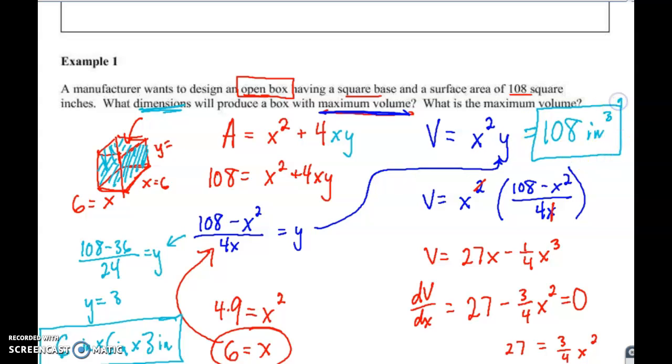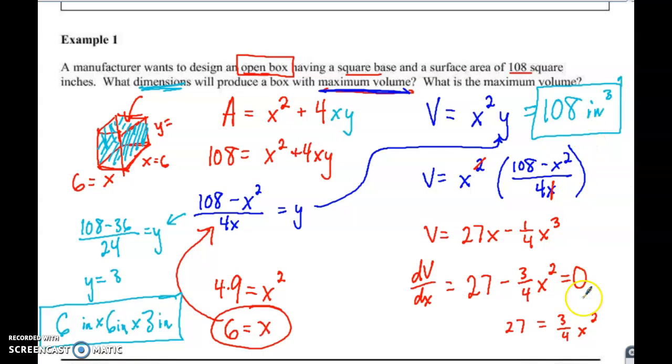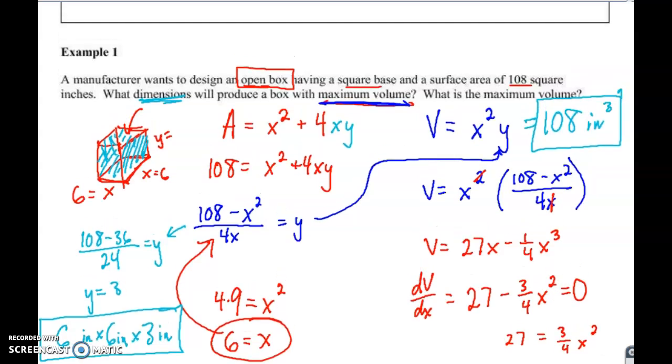I know I was all over the place on this problem. But the premise is that we're using calculus. I've seen students do this type of problem in Algebra 1, but the difference is that in Algebra 1, I've seen students just guess and check. They put, well, what if x is 1?